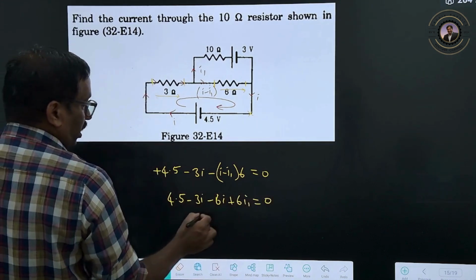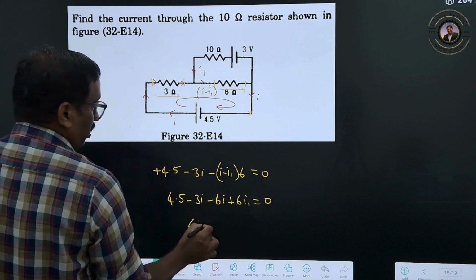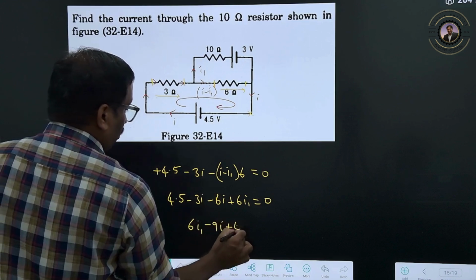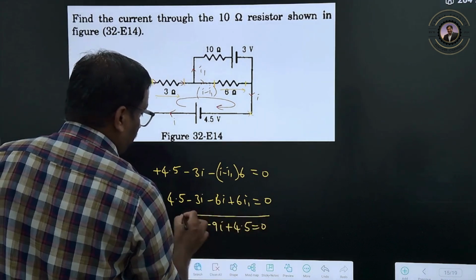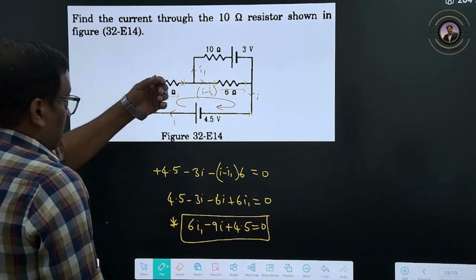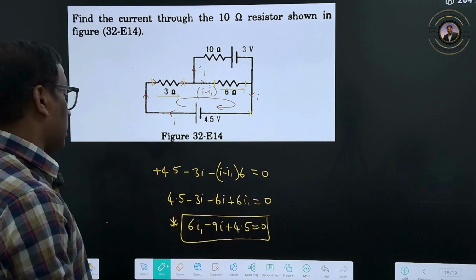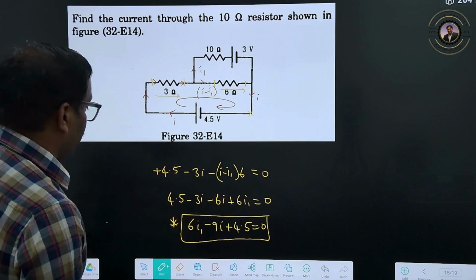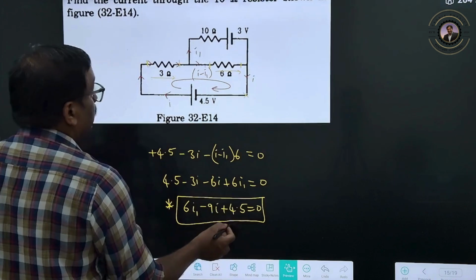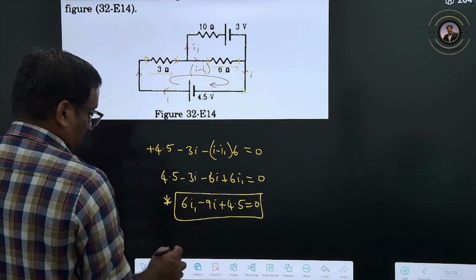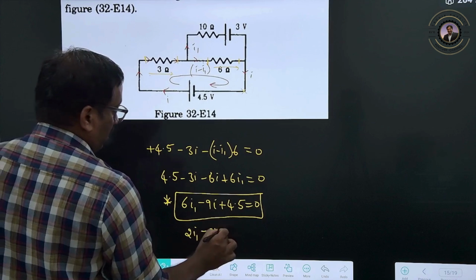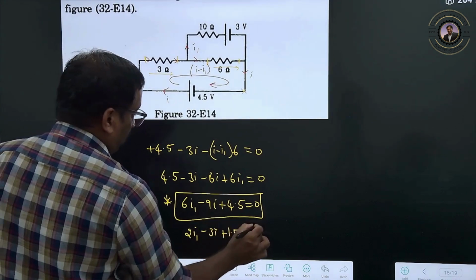So 6I1 minus 9I plus 4.5 equals 0. Clear? So here I can take 3 common. So 3 2s are 6, 2I1 minus 3I plus 1.5 equals 0.